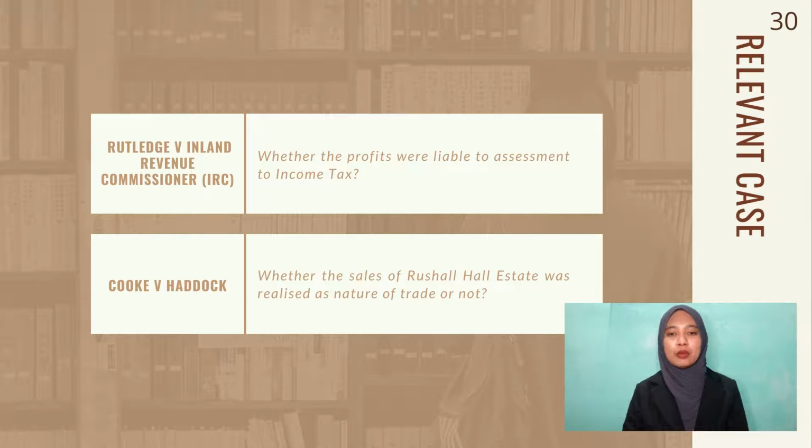For this case, it was contended on behalf of the Crown that the purchase and sale of parts of the Russell Hall Estate by the appellant constituted the carrying on of a trade, adventure or concern in the nature of trade, and that the profits or gain arising therefrom were assessable to income tax under Case 1 Schedule D for the relevant years.